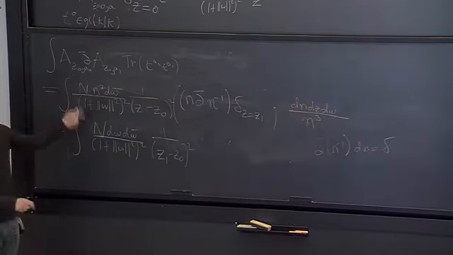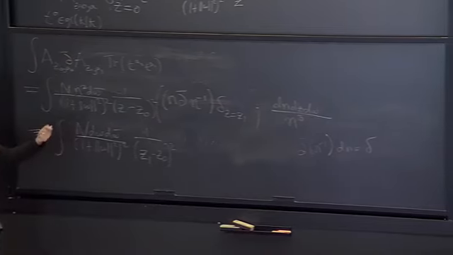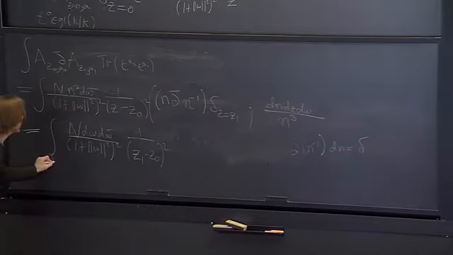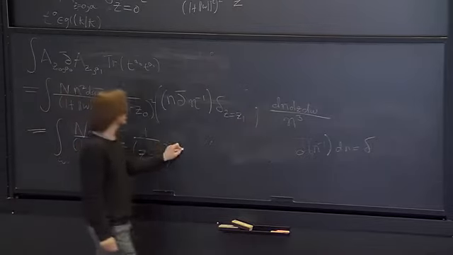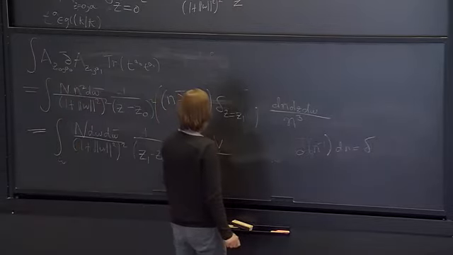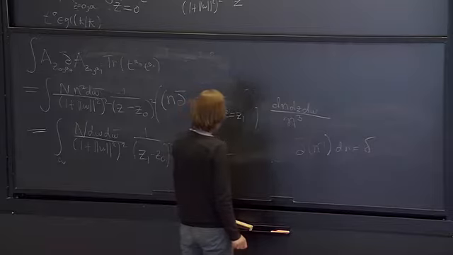Now because I have the delta function in the n direction, I don't integrate over n, I don't integrate over z, I only integrate over w, as in this is proportional to 1 minus z0 squared.